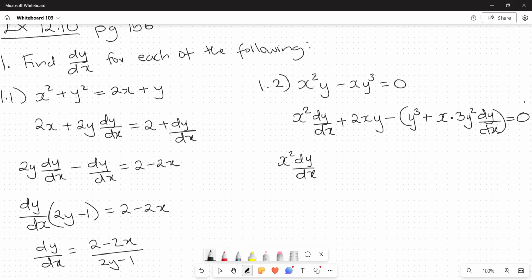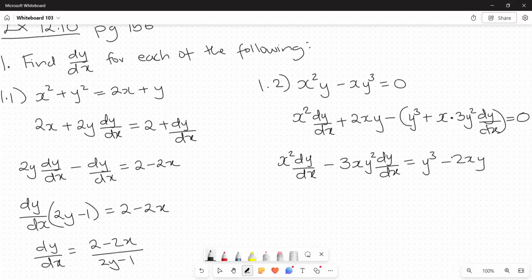Then we see this one will go that side, this one will go that side, and then this one here, because of this negative, is also going to be negative. So I have minus 3xy squared dy/dx. Then y cubed goes that side, it becomes positive now because of this negative. And then this one goes that side, it becomes negative.